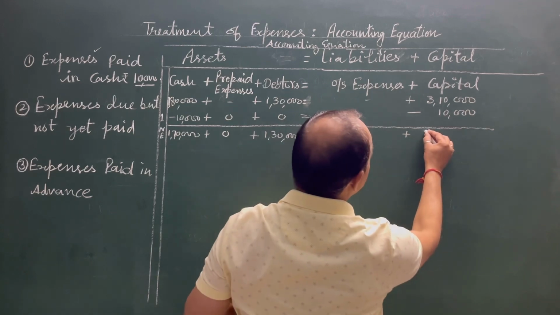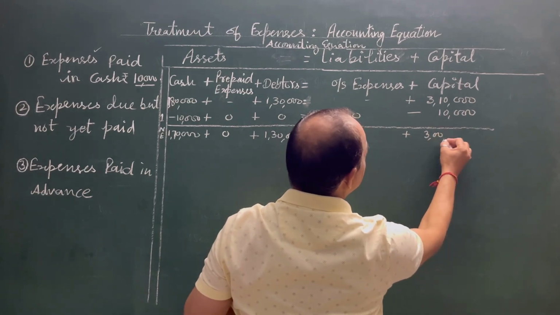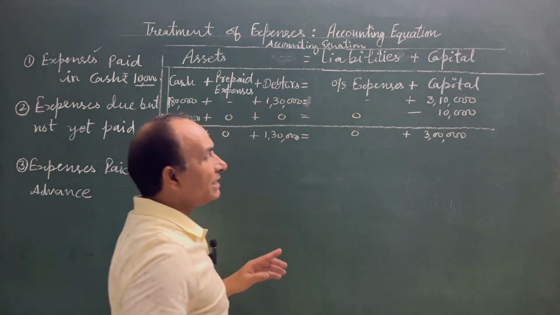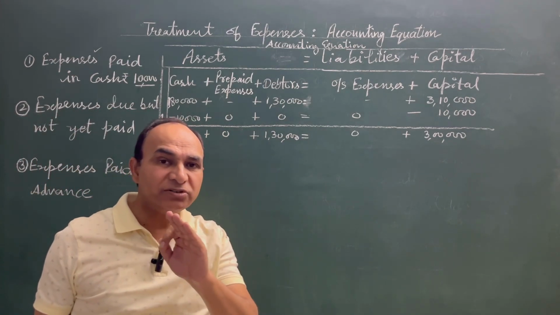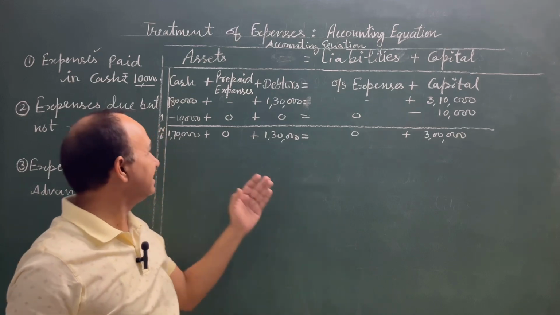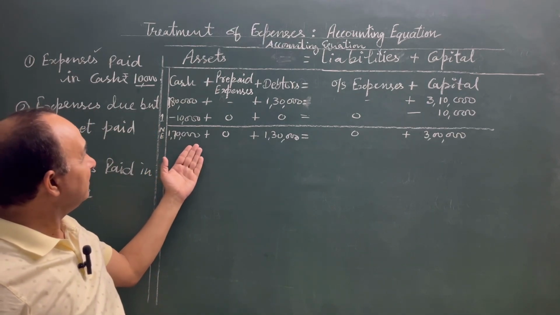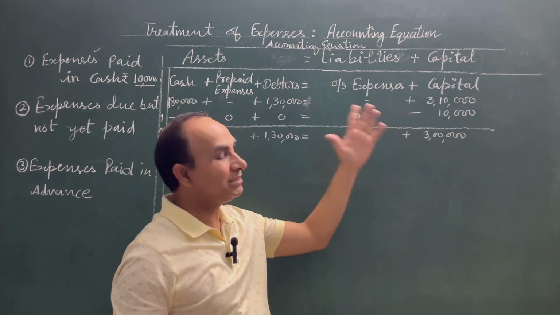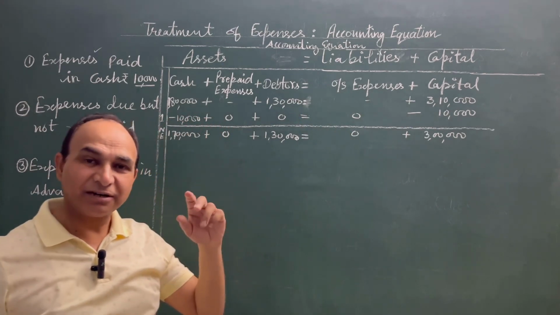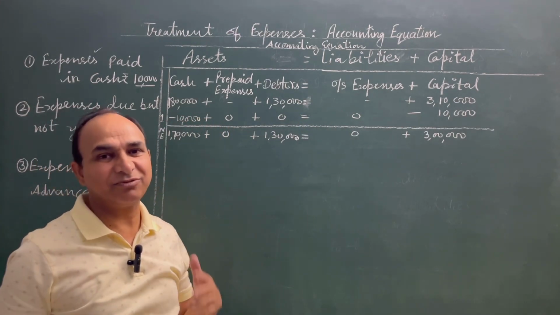It amounts to rupees 3 lakh. At the same time, you must understand that the accounting equation always holds good in all situations. See, total of asset side 3 lakh, total of liabilities plus capital 3 lakh. This is what the accounting equation reveals.